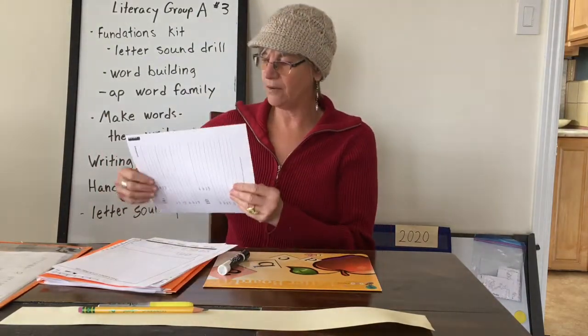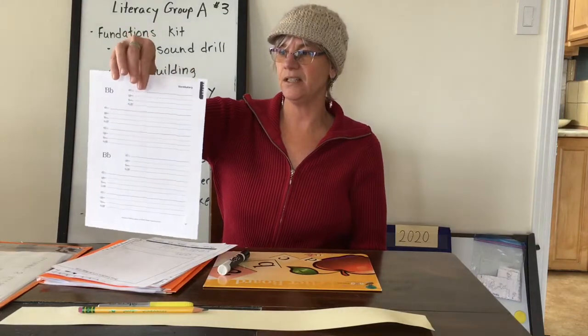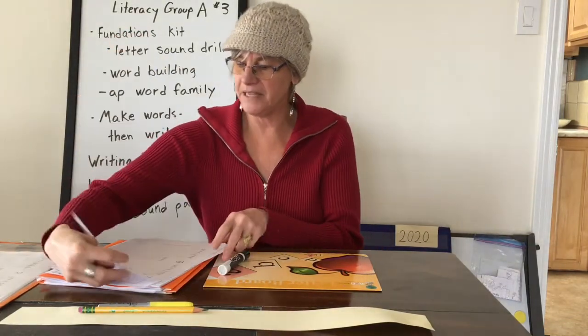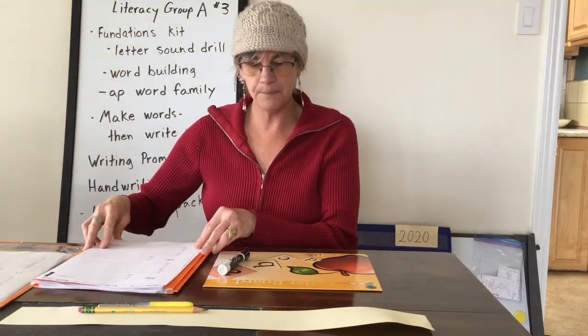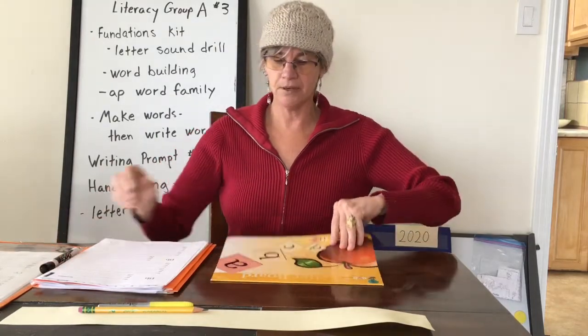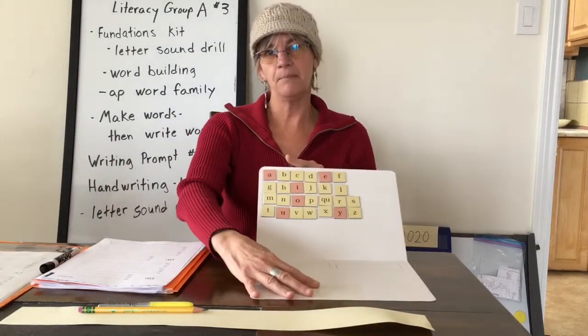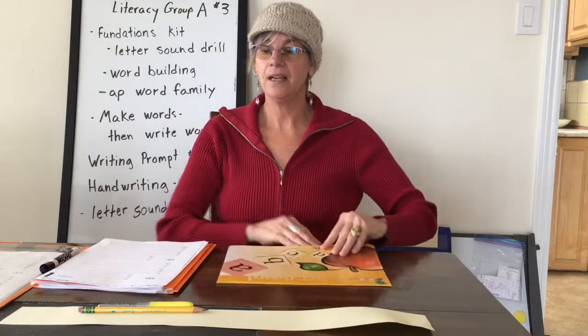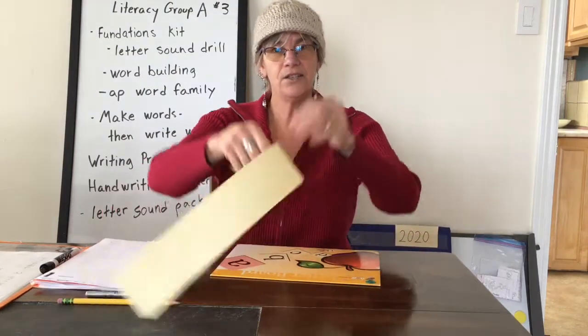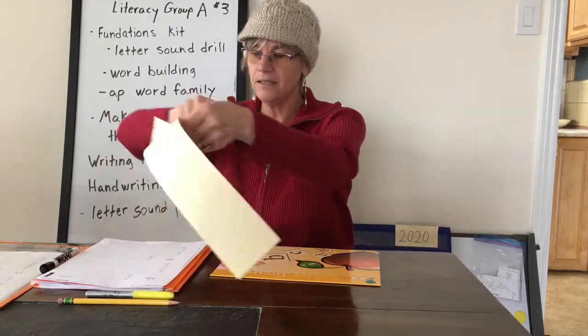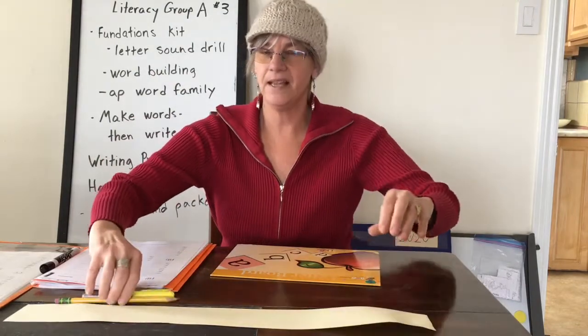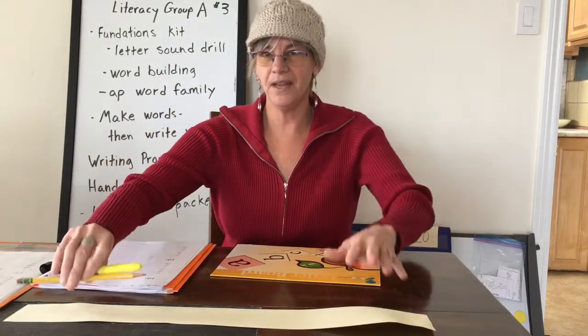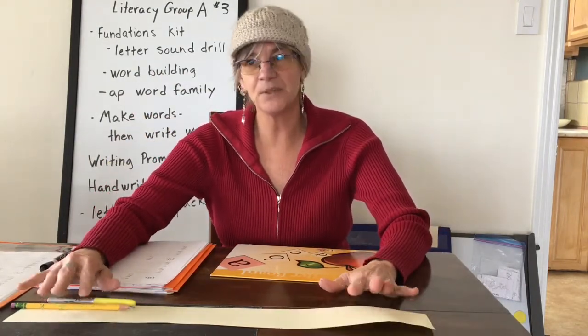You're taking out your Foundations handwriting page number B, for the letter B. You have your Foundations magnet board, a sentence strip, and a pencil and highlighter. Okay, so let's just go ahead and start and we'll see how far you get.